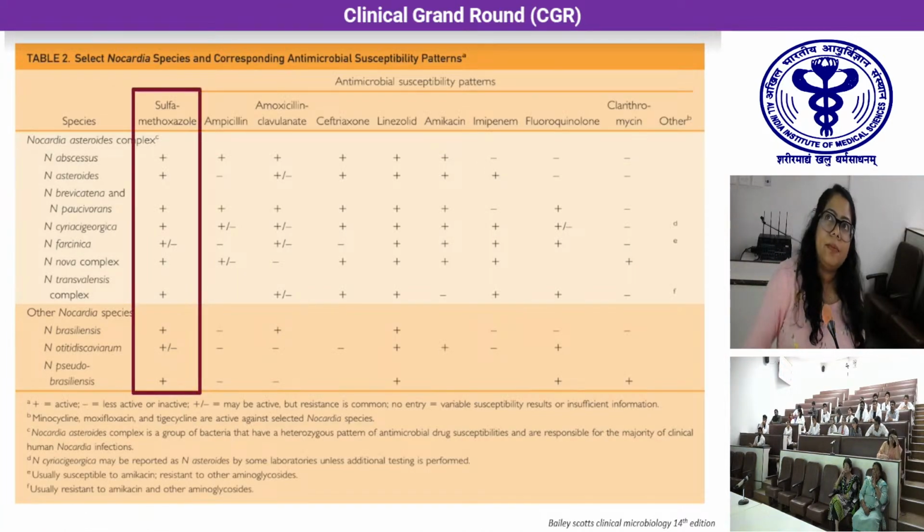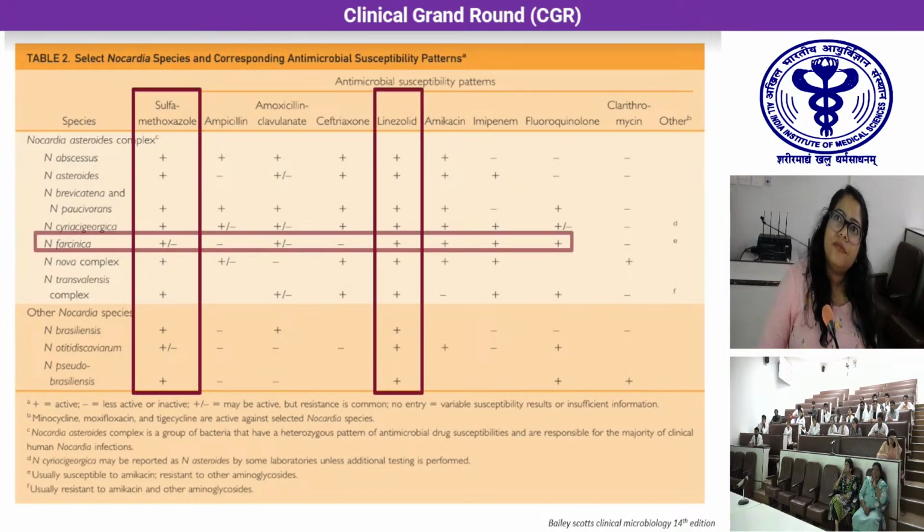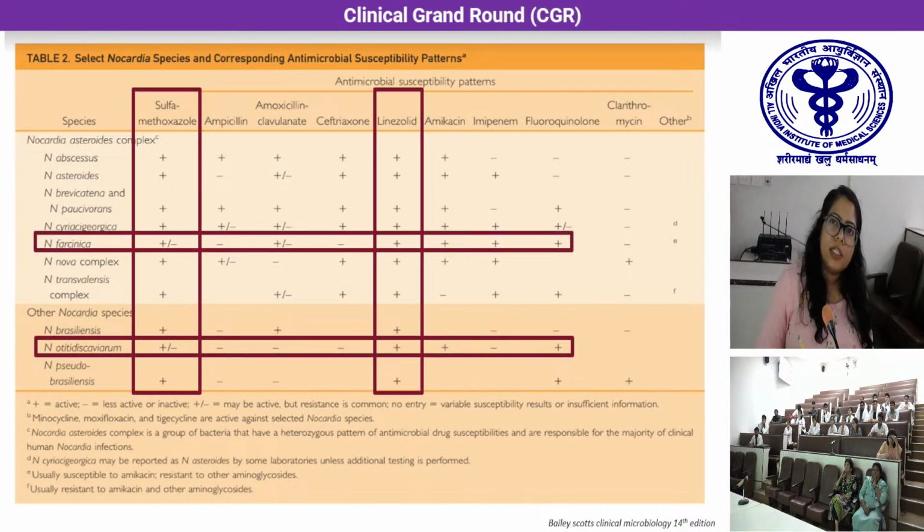So coming to the antimicrobial susceptibility pattern of Nocardia, we have seen that two species are found to be resistant to most of the antibiotics, Nocardia farcinica and Nocardia otitidiscaviarum.